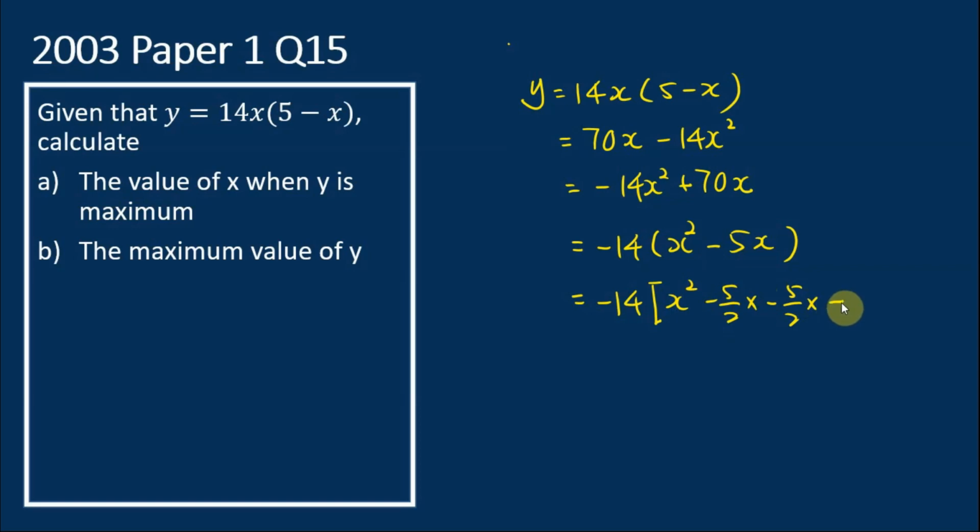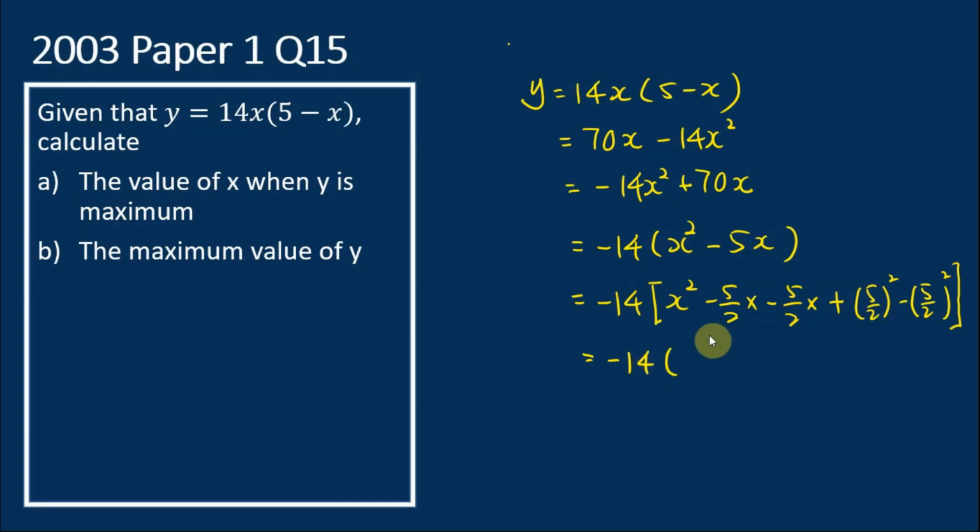And then plus the last square. The last square will be the square of the coefficient of x, which is 5 over 2 squared, and then minus 5 over 2 squared. Then we keep the negative 14.